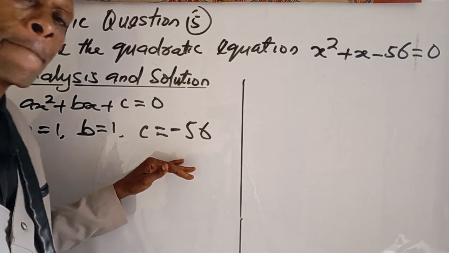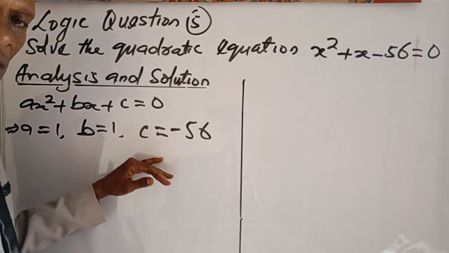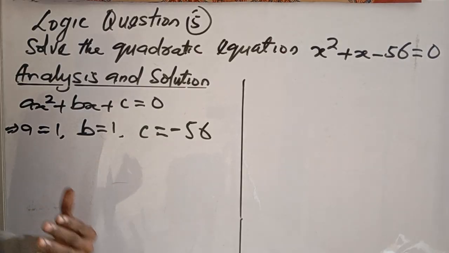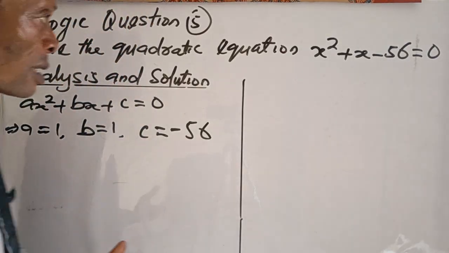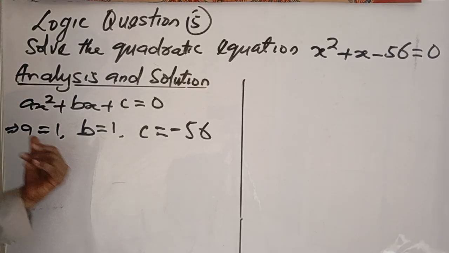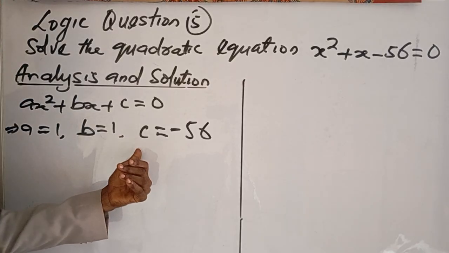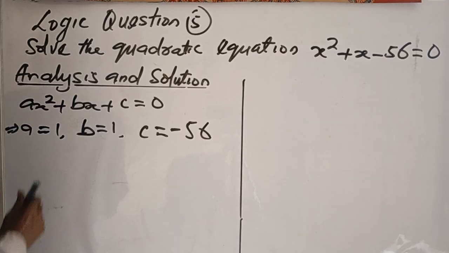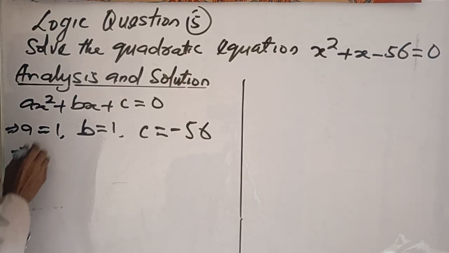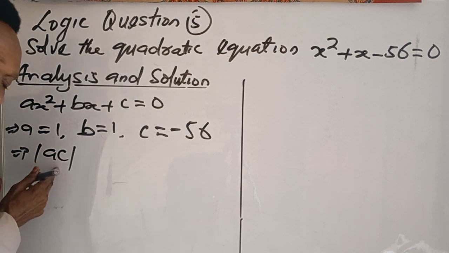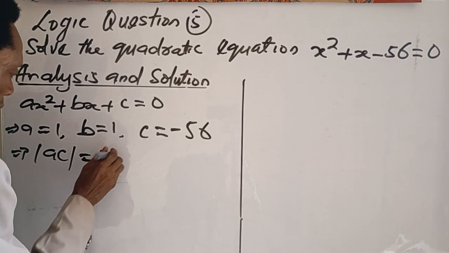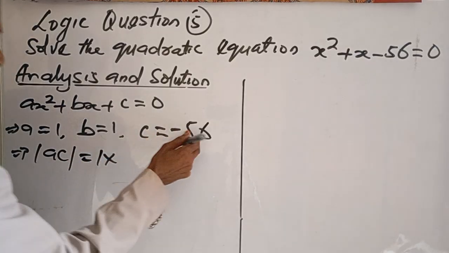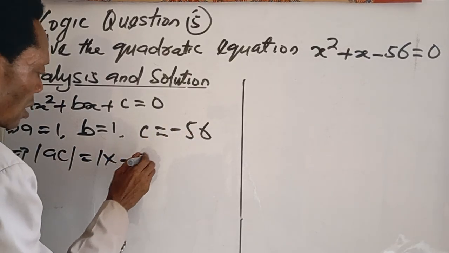Having done with this stage, the next step is to find the product of ac. The product ac, that is multiplication, equals the value of a, which is 1, times the value of c, which is negative 56.